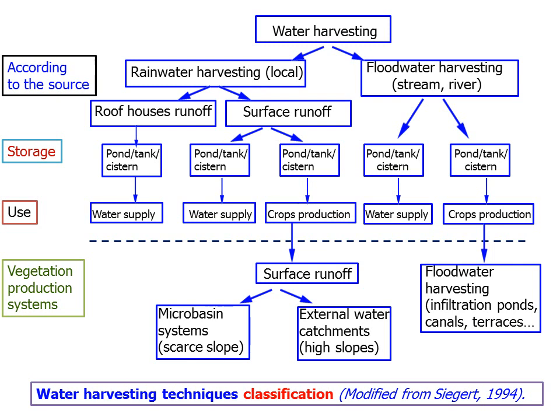The classification of water harvesting techniques is done according to the source, either rainwater harvesting for urban areas or flood water harvesting for streams and rivers.